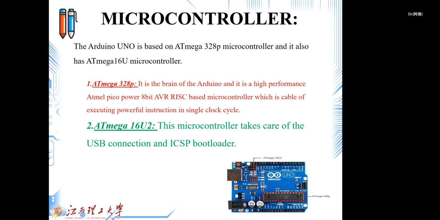This 328 as the brain of the Arduino has high performance and it has the 8-bit RISC-based microcontroller, which is capable of executing some powerful instructions. 16U2 takes care of the USB connection and ICSP bootloader here as the second chip that they put there.